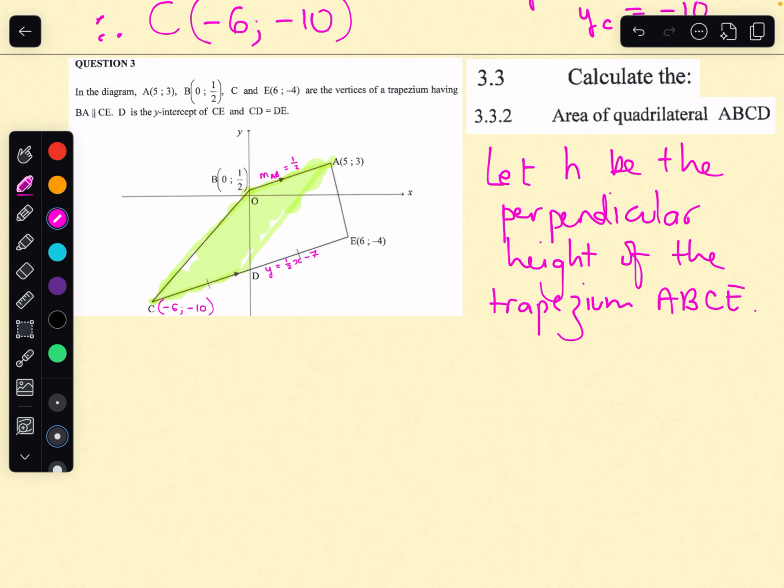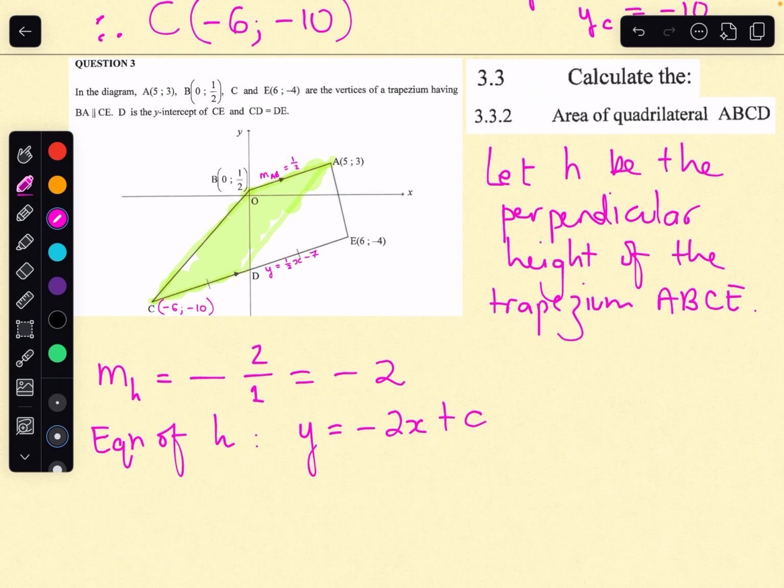Okay, so we know that the gradient of H will be equal to negative 2 over 1, which is equal to negative 2, right? So then the equation of H will be y is equal to negative 2x plus c. Honestly, I'm not sure yet why I'm doing what I'm doing, but forward we go.